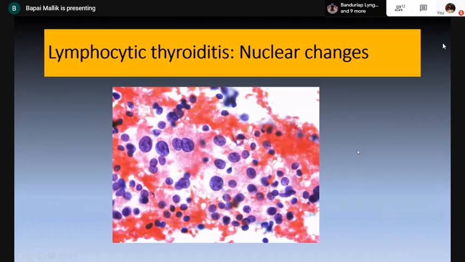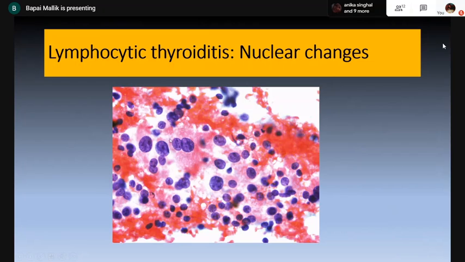And as I have said, when there is a lymphocytic infiltration of Hürthle cells, there are going to be changes in the nucleus. You see the chromatin is clearing up, and there are grooves. Even inclusions have been described in such cases, but I have not seen too many inclusions in Hashimoto's thyroiditis without it actually being a papillary thyroid carcinoma.